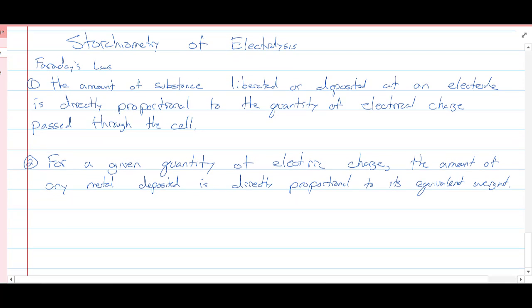So let's talk about our units. And this makes a lot of sense with the units. If we look at amps, an amp, or A, equals a coulomb per second. It's a rate. So coulombs equals my amps multiplied by my seconds.